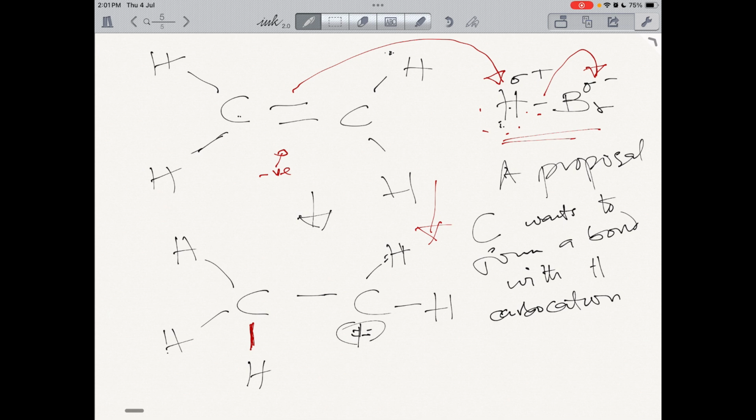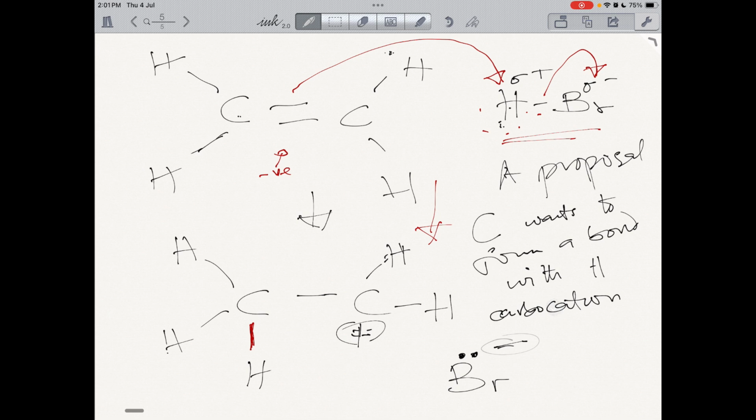All right. But what is the fate of the bromide ion that has been formed? This is the pair of electrons on it, and it carries a full negative charge now.